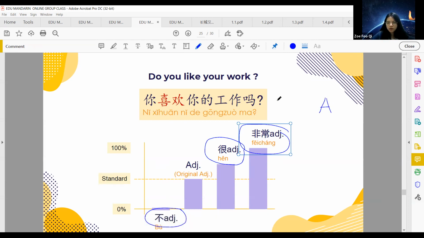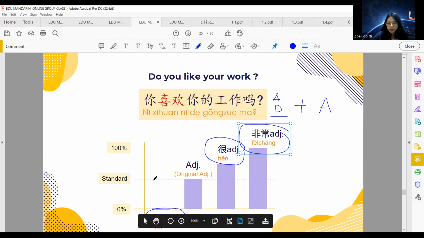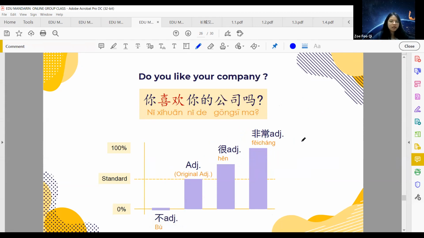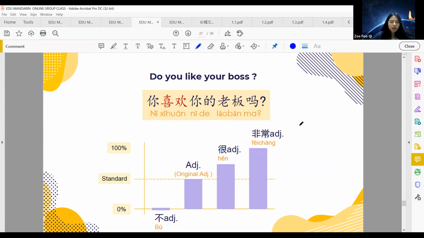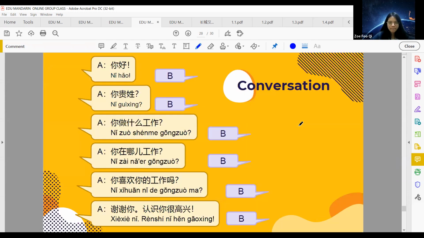So for example, 非常喜欢，很喜欢，喜欢 and 不喜欢。不喜欢 is actually negative, meaning you don't like it. Okay, 喜欢 is a normal one. 很喜欢 is like it very much, and then 非常 is extremely. So 你喜欢你的公司吗？ Do you like your company? 你喜欢你的老板吗？ Do you like your boss?